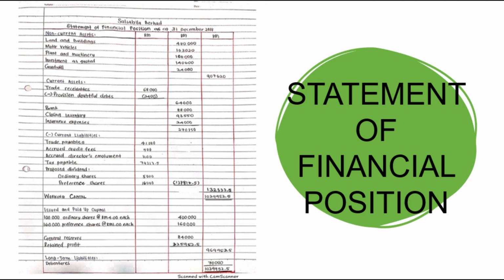Total all and we get 969,952.50. Last, non-current liability have debentures only 70,000 take from trial balance. So to get the balance, we should total with issued and paid up capital. So we get 1,039,952.50 cents.